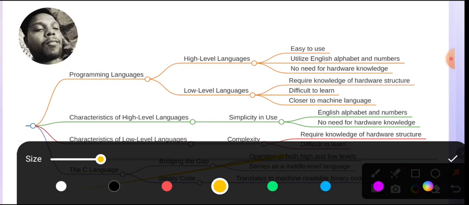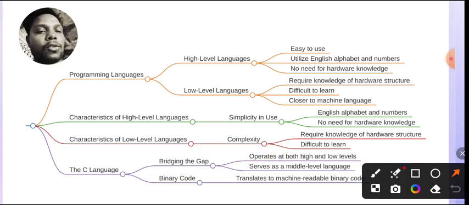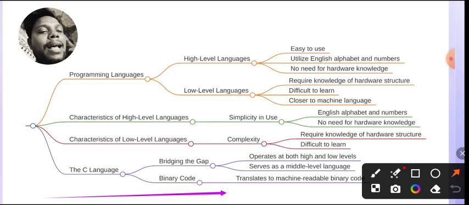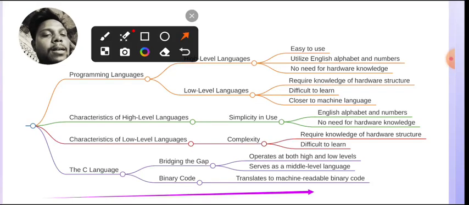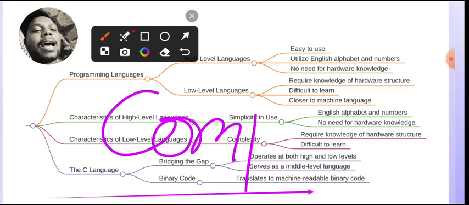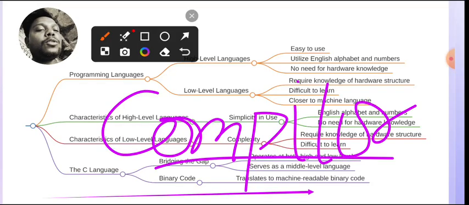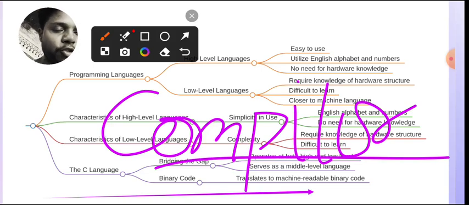C language has a compiler which translates source code to machine readable binary code. Okay, so there is a mind map which we will study in future, and thank you so much.